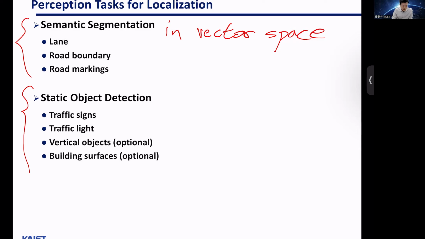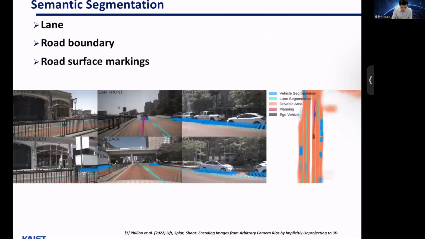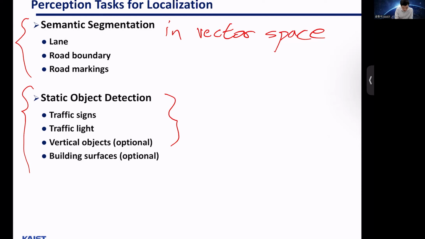So that includes lane, road boundary, road markings, and then we have static object detection: traffic signs, traffic lights, vertical objects, building surfaces. We can use this information to localize the vehicle. By the way, this information obviously should be in 3D space, but oftentimes traffic signs and traffic lights are detected in 2D image space.